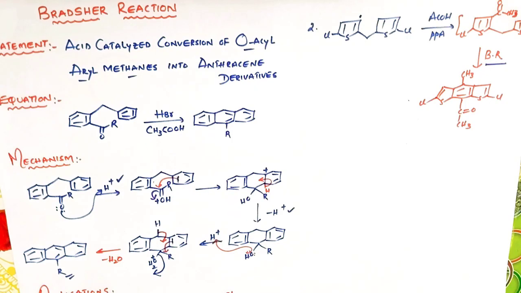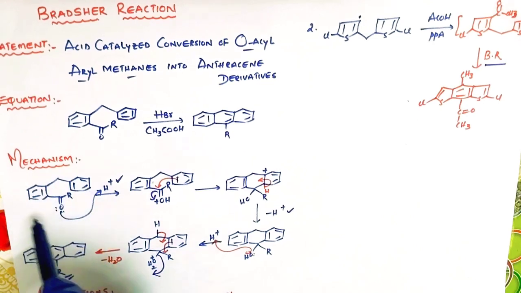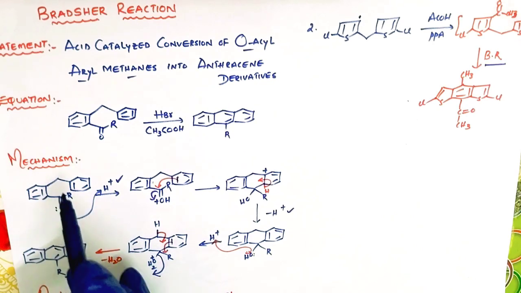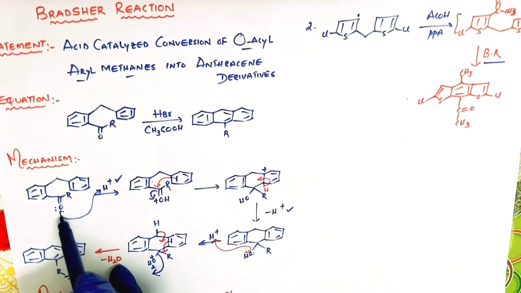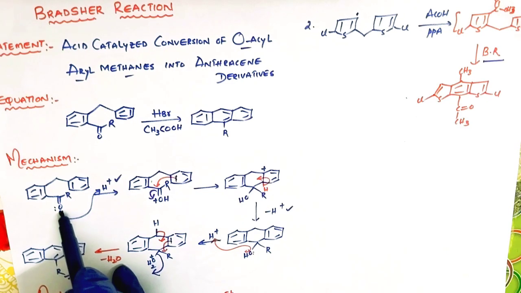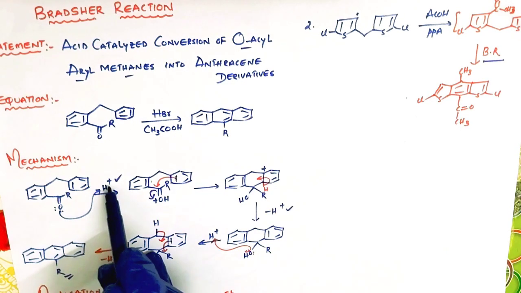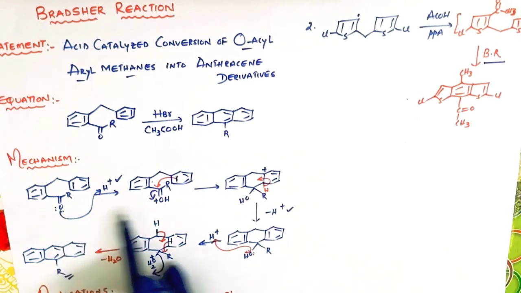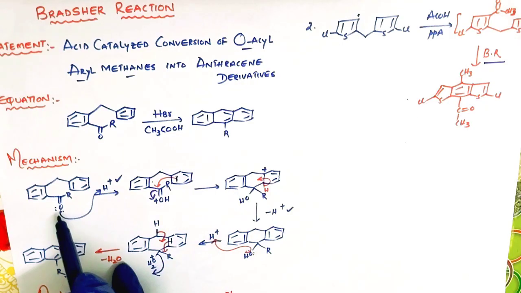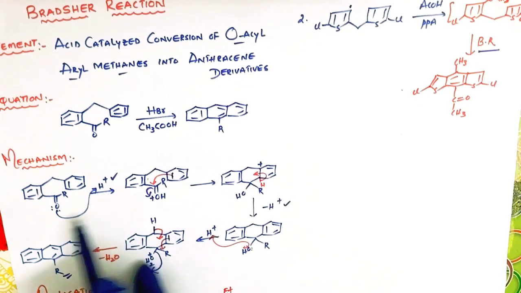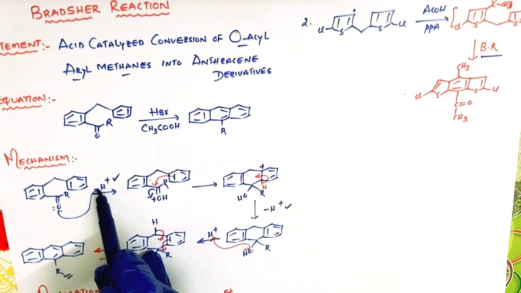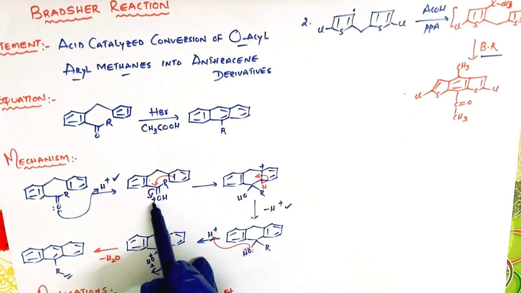So H plus ions means we need to have an electron rich center in the reactant. Let's see our reactant is this one or not. Ortho-acyl aryl methane. Here we have oxygen which contains lone pair of electron. The lone pair of electron is donated to H plus, thereby it produces an OH bond. Once it is donated, it is losing electrons or not. So positive charge will be created.